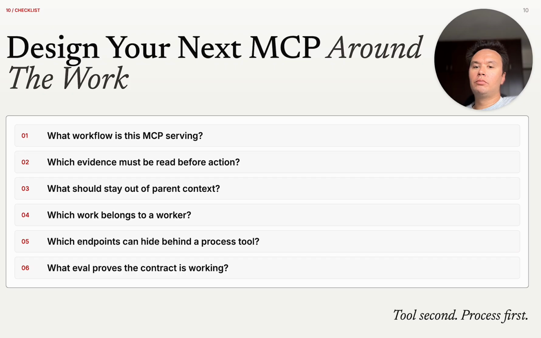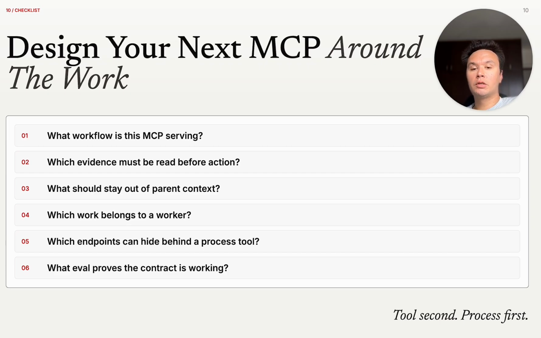So when you are designing or redesigning an MCP server, ask yourself these 6 questions. Is this tool exposing an endpoint or a workflow step? What evidence does this workflow actually require? What should never enter the parent context? What belongs in a worker in terms of context and tools?